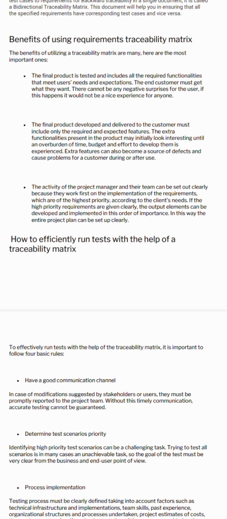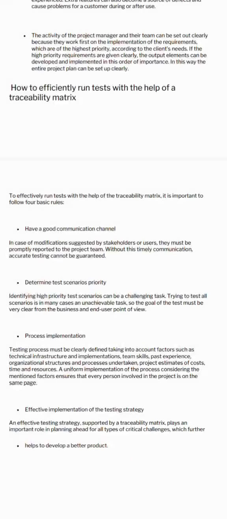Clarity is the highest priority of every project. If you are not clear with your users, it can be rejected, so we have to set it up clearly in the project.